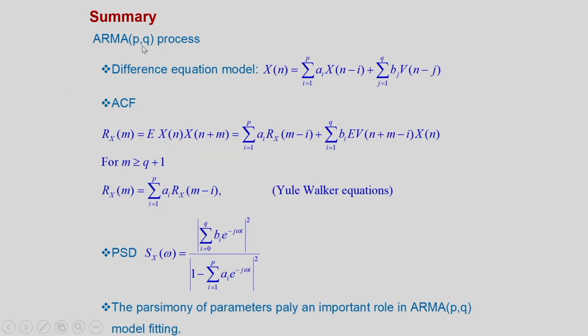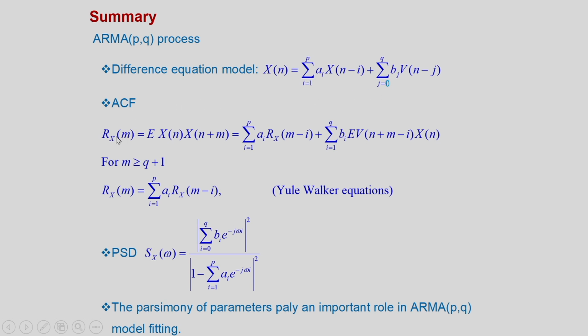We discussed the ARMA(P,Q) process. The difference equation model is given by x[n] is equal to summation a_i x[n minus i], i going from 1 to P, plus summation b_j v[n minus j], j going from 0 to Q. This is the ARMA(P,Q) model difference equation.